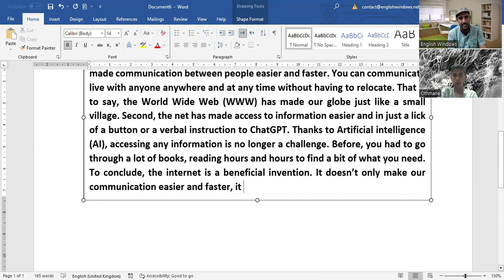But it accelerates our access. It speeds up our access to information.